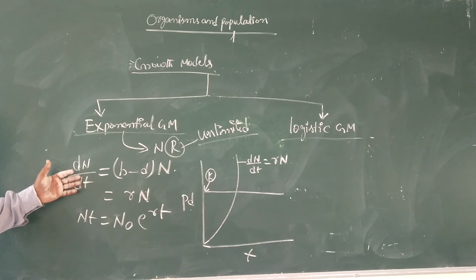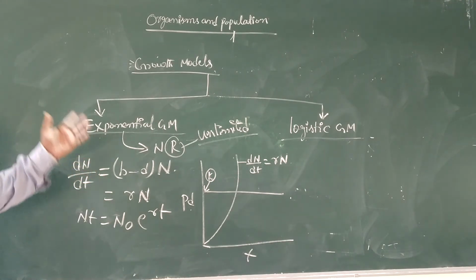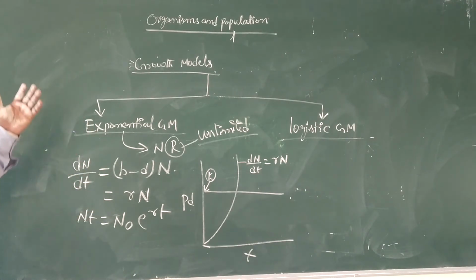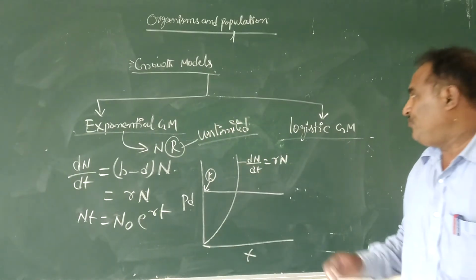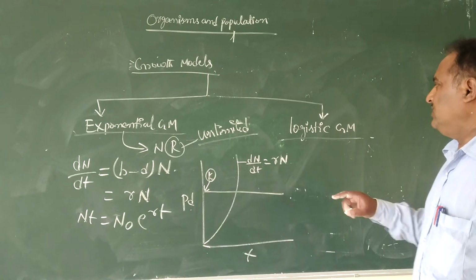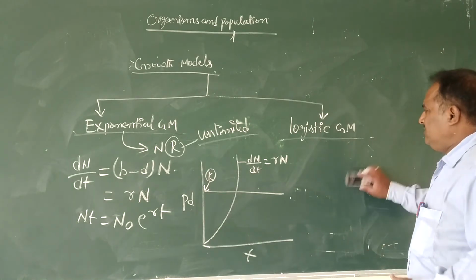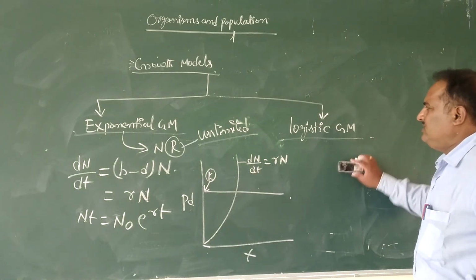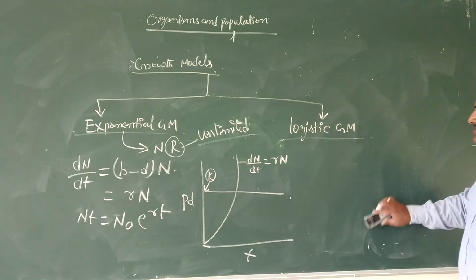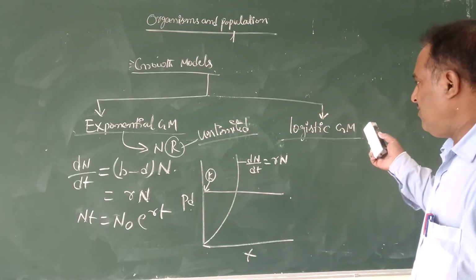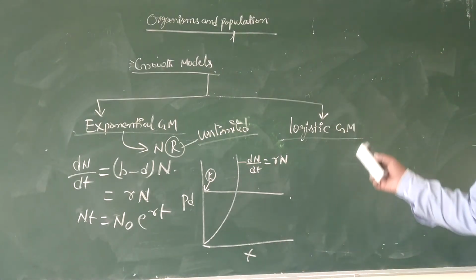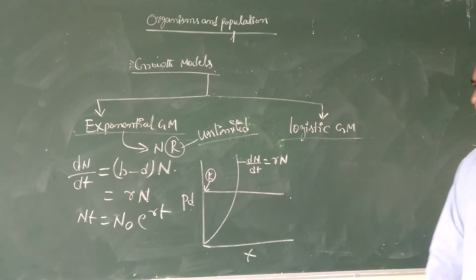The exponential growth model always depends on the intrinsic factor. Next one, the logistic growth model. Here the logistic growth model is the realistic growth model. It is very common growth in the case of a population. Here an S-shaped curve, or sigmoid curve, is obtained in the realistic growth model, that is called the logistic growth model.